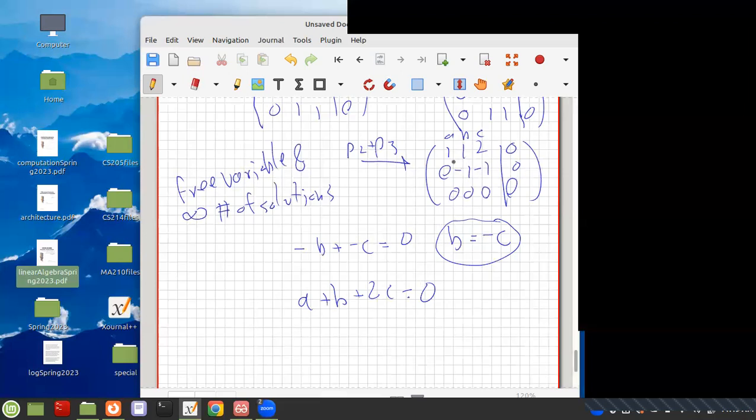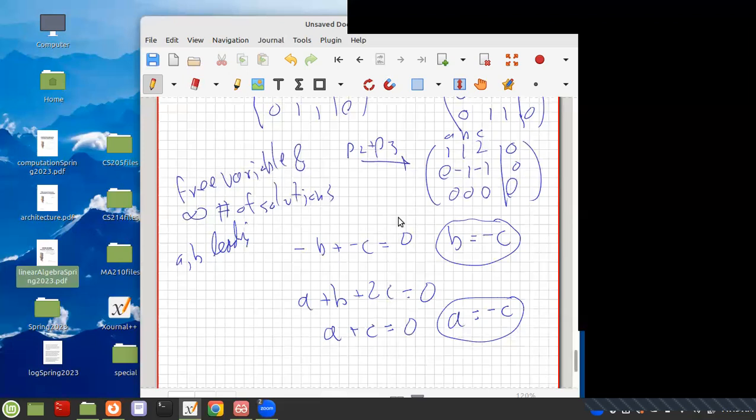And you can see that A and B are leading, so we're going to write them in terms of the free variable. So we want to eliminate B. Since B is minus C, this equation is going to become A plus C equals 0. So A also equals minus C. So if A is equal to minus C and B is equal to minus C, this will be true.